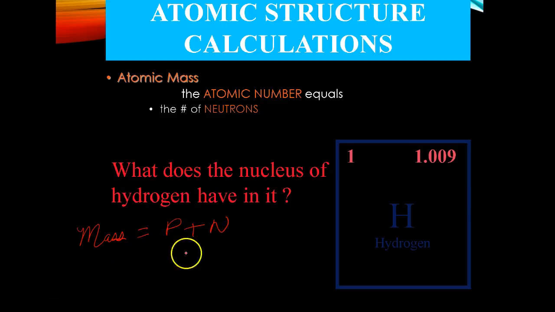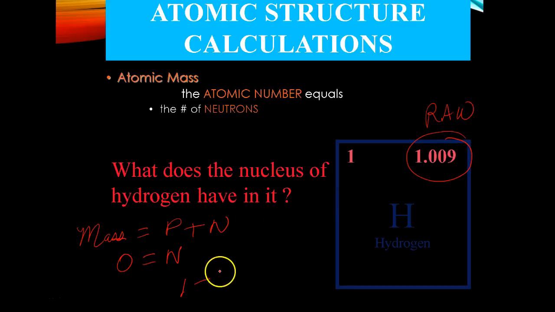So then you know that my number of neutrons is going to be equal to 0 for hydrogen. So just as a recap, how did we get that? We said 1 minus, because remember we're using the rounded atomic weight, which means that we're rounding to the nearest whole number. 1 minus 1 is equal to 0.